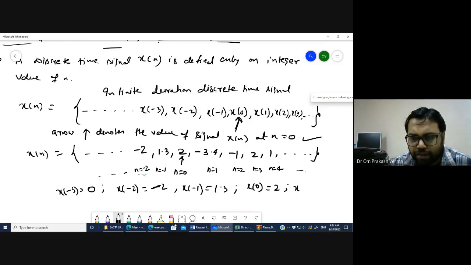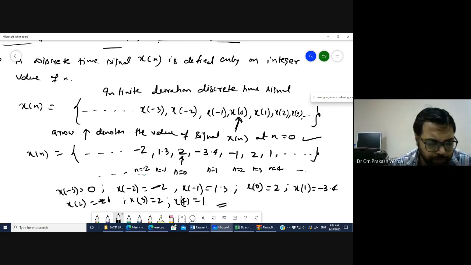The value of x[1] is -3.4. x[2] is, sorry, -1. x[3] is 2, x[4] is 1. Okay, so this is the case.